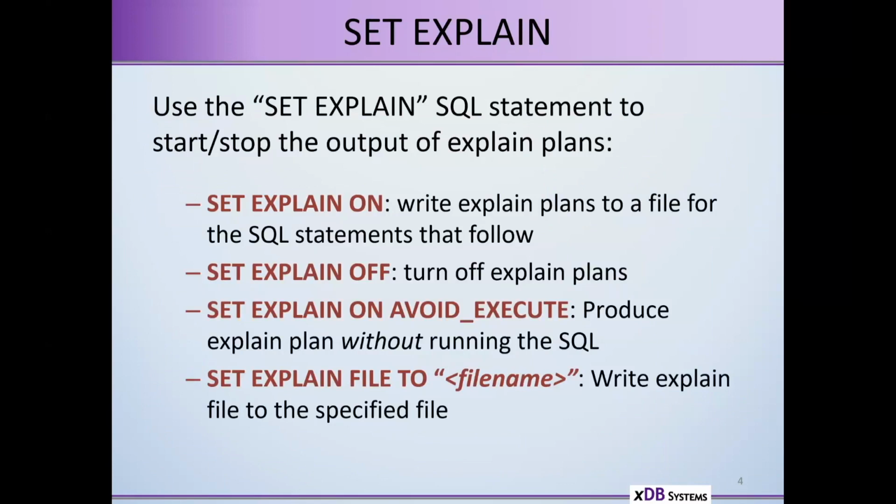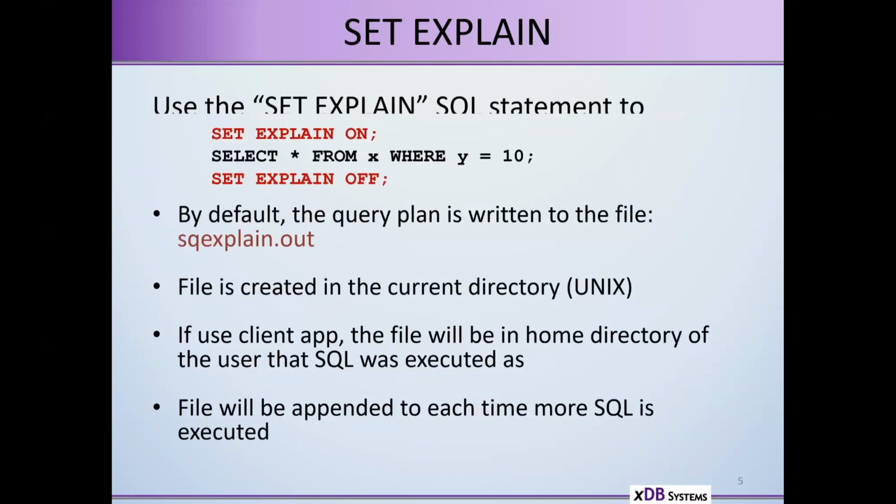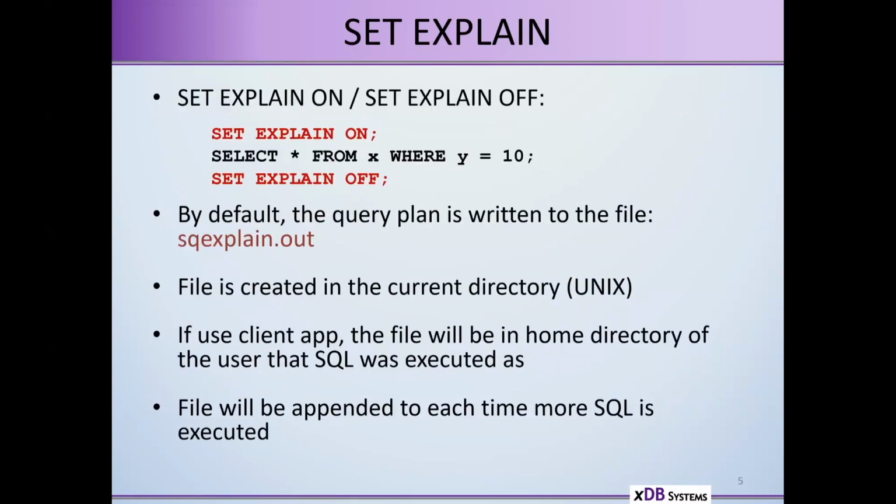So let's start with how do we get the query plan? There's some simple SQL commands we just include, like in DB Access, for example, to say, all right, we want to start capturing query plans, or we want to turn off query plans. And we use these as follows.